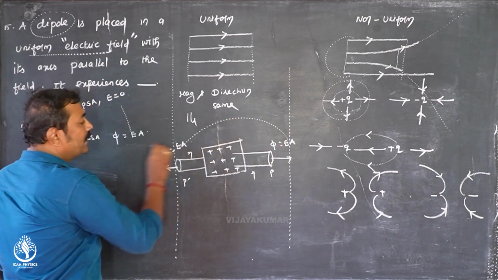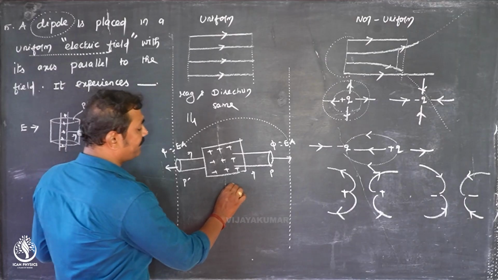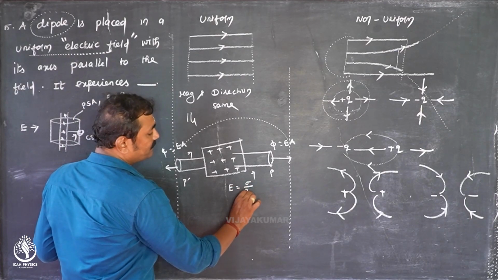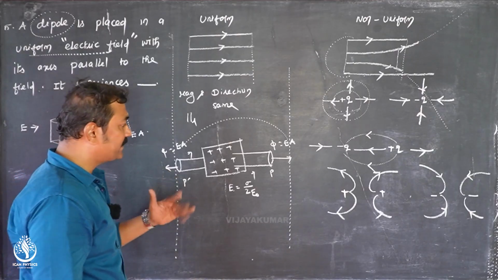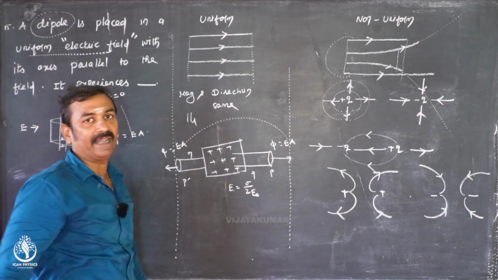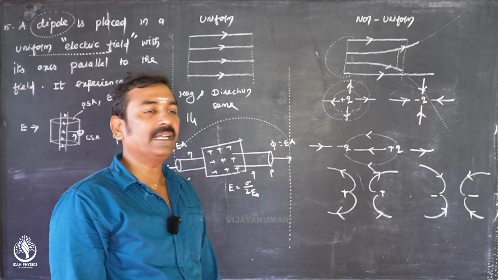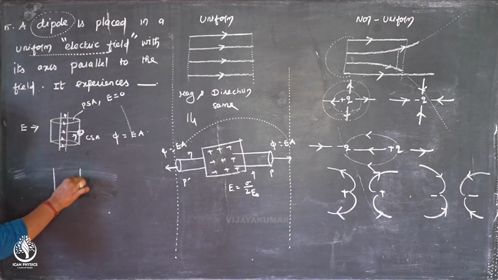So at both it produces the electric field. Then in the final equation, E equals sigma by 2 epsilon 0, which is independent of distance, so we can conclude that the plane sheet produces a uniform electric field. Uniform electric field.